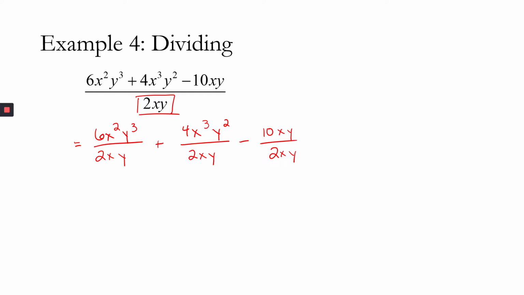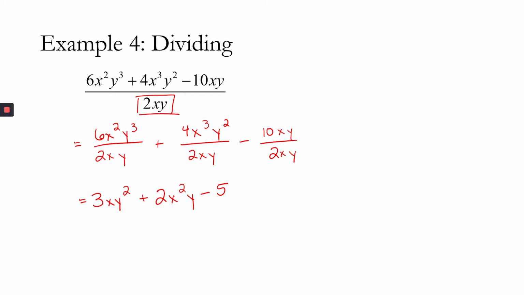Once we get here, we just use our quotient rule and reduce fractions in general. So this one becomes 3xy squared. This becomes 2x squared y. And then this one becomes minus 5.